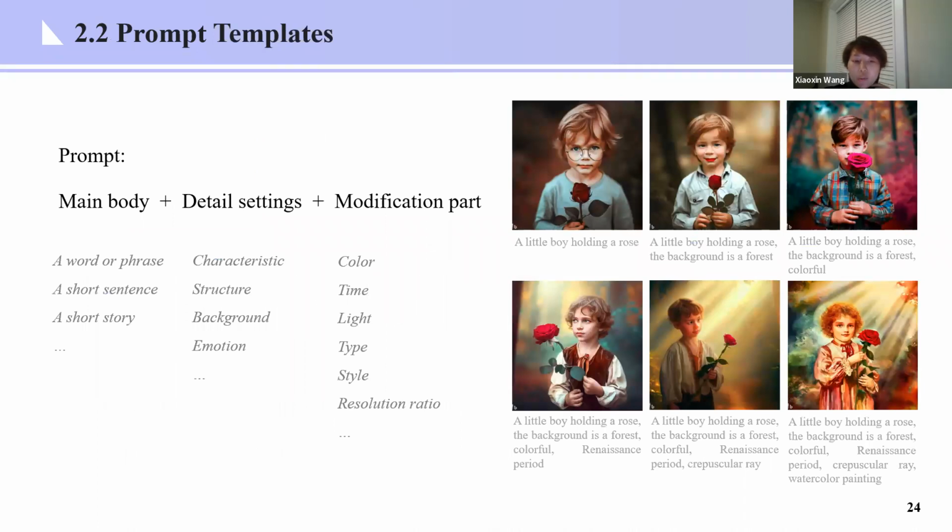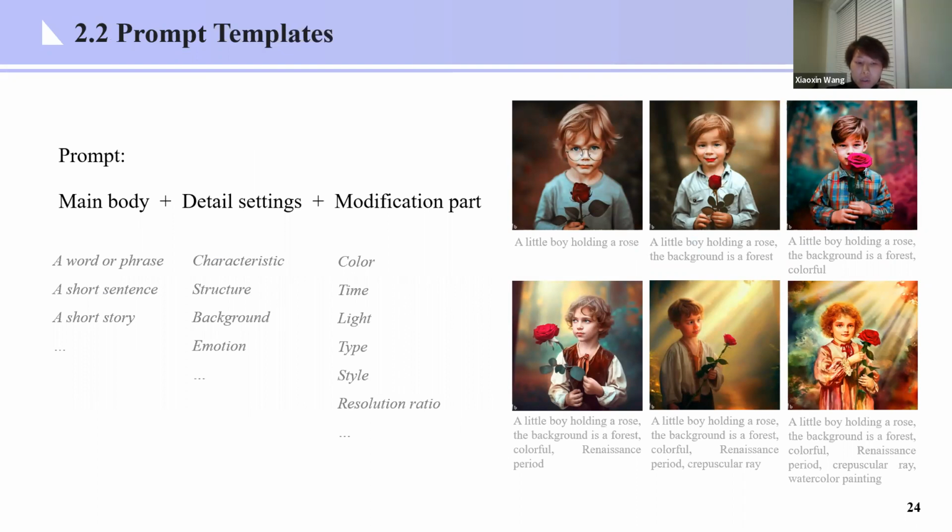Now let's take a look at the prompt template I summarized when using text to image tools like DALL-E, which mainly includes the following three parts. The main body is necessary, which will represent the basis for generating an image.